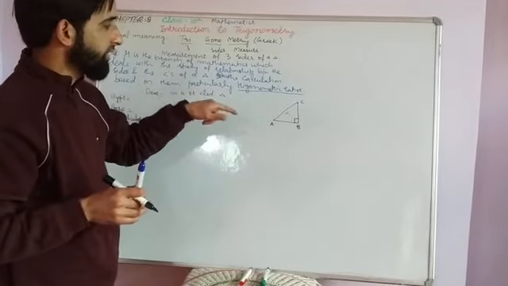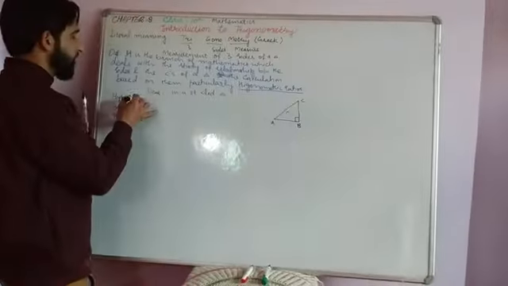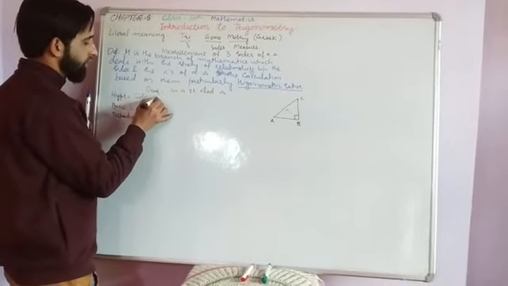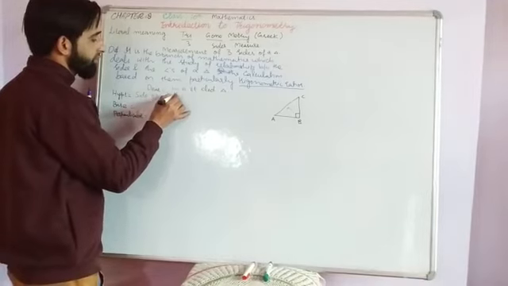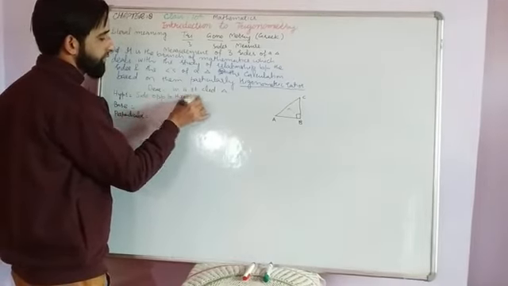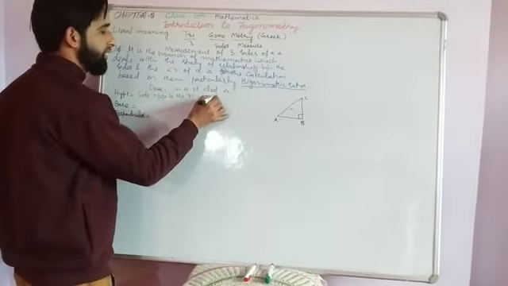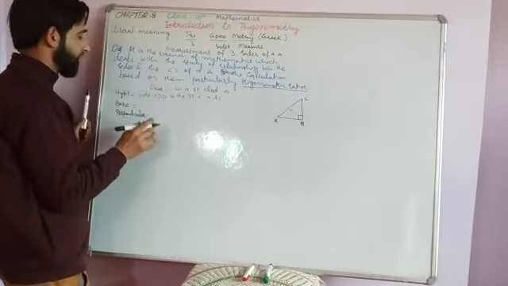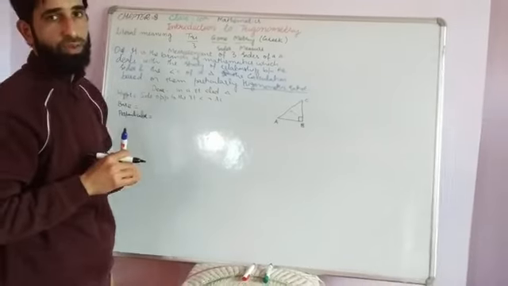Therefore, in this triangle ABC, AC is the hypotenuse. So hypotenuse is defined as the side opposite to the right angle. Now, base and perpendicular.